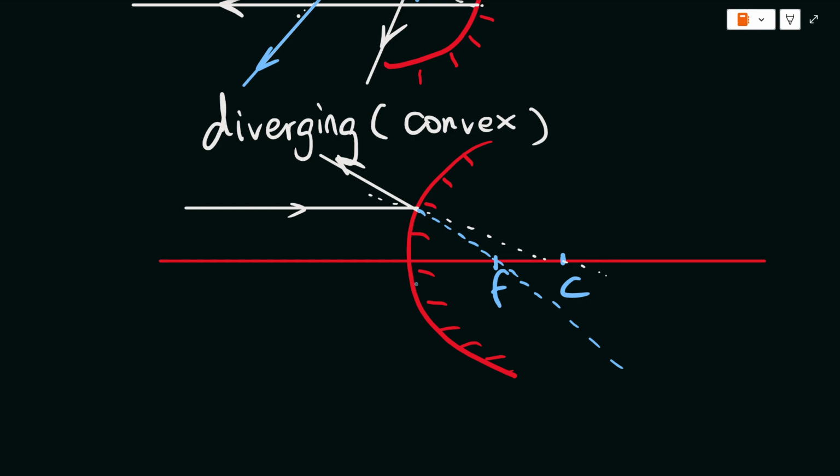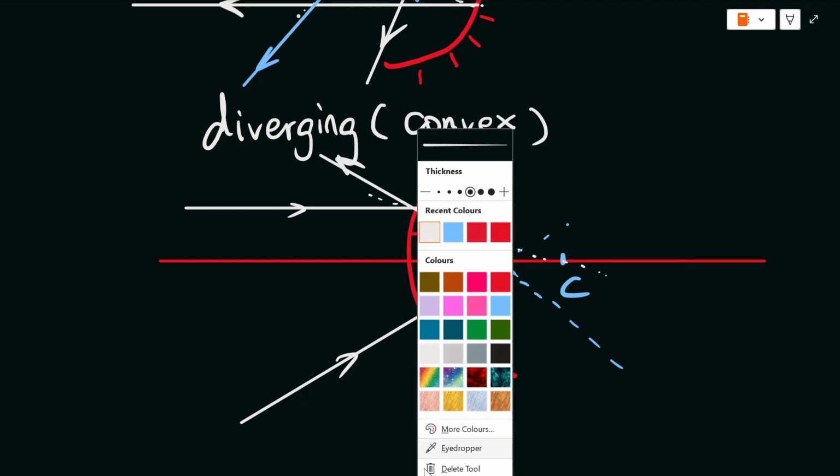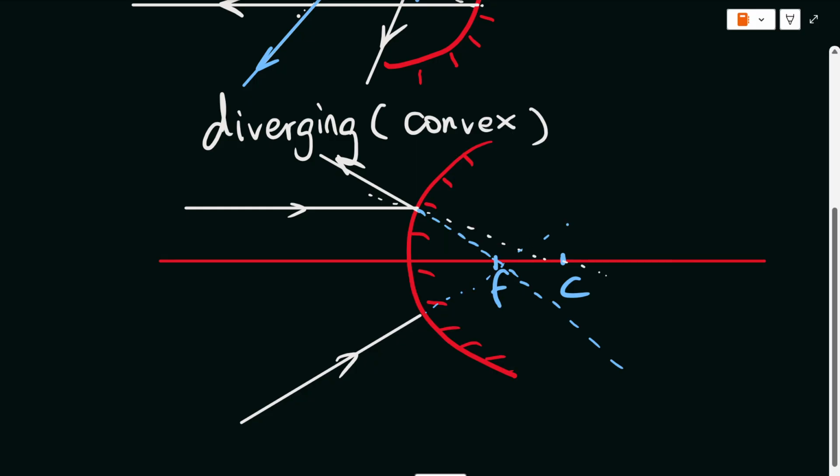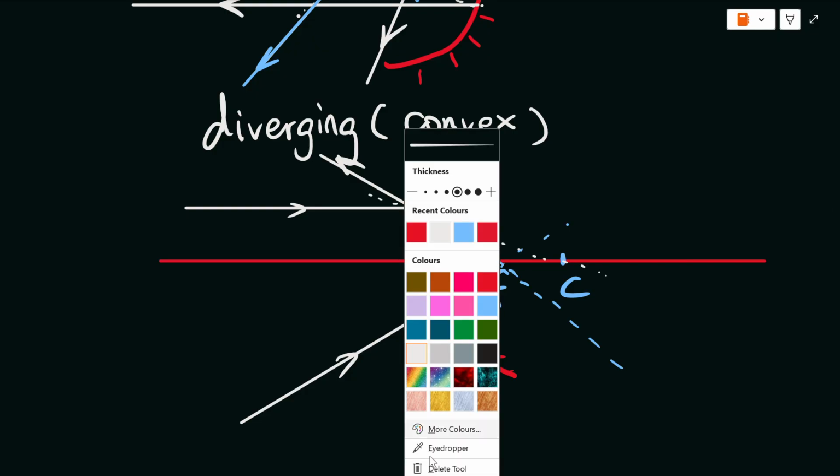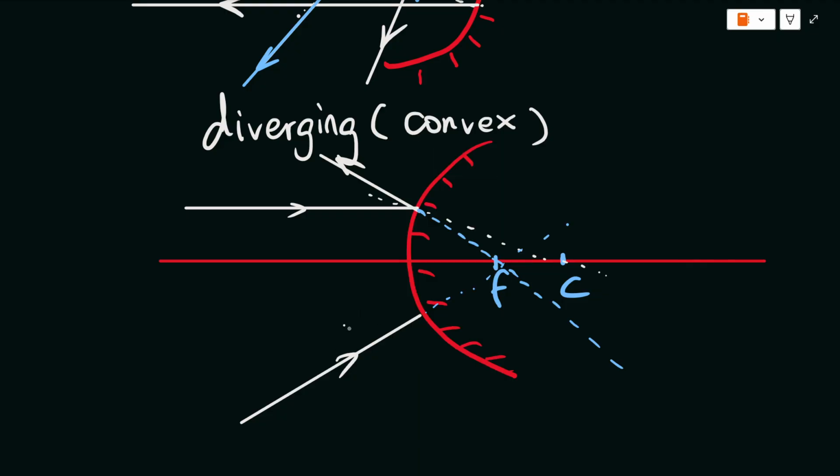The second one goes something like this. We pretend that the incoming light ray goes through the focal point, and we will see that the outgoing light ray will be parallel to the central axis.